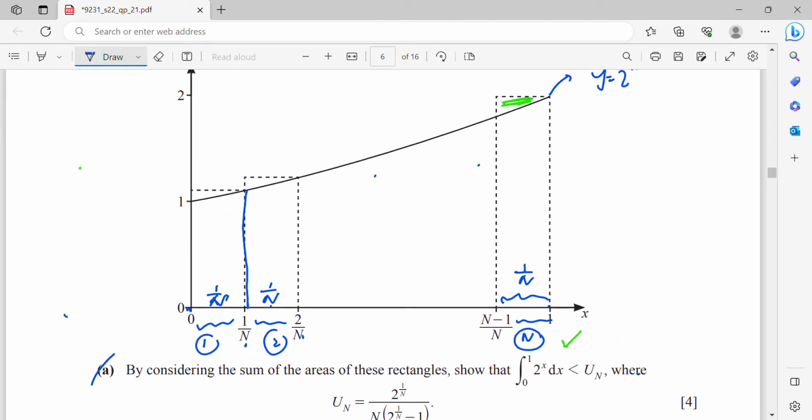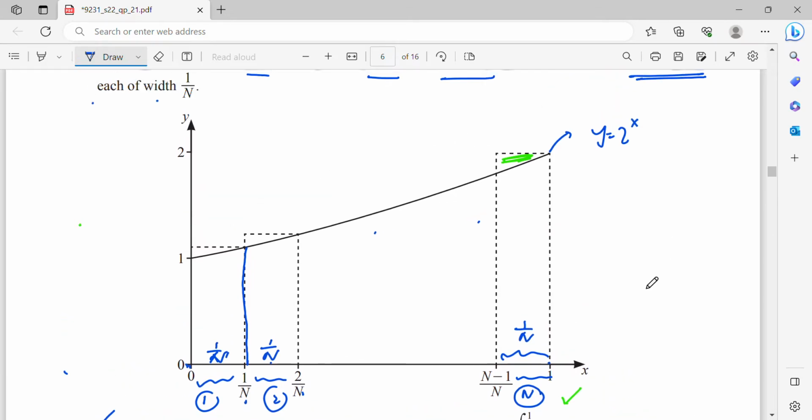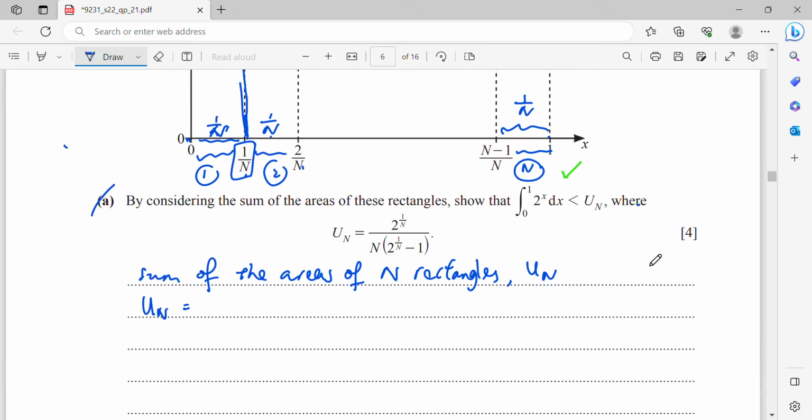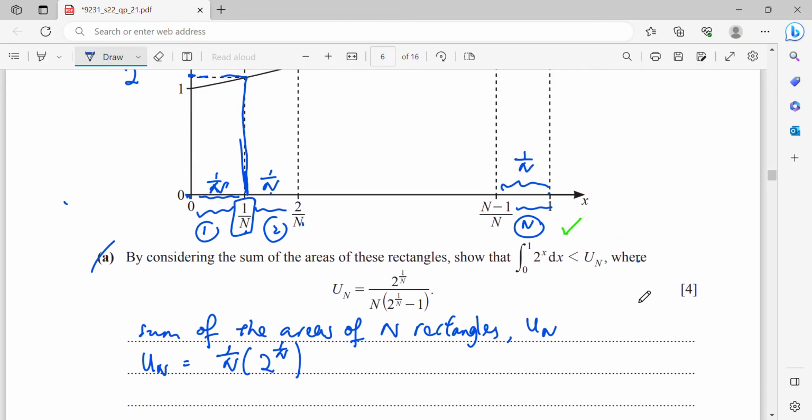This is the height for the first rectangle. By looking at the equation of the curve y equals 2 power x, this x value is 1 over n, so the y value is 2 power 1 over n. The area of the first rectangle is width 1 over n times height 2 power 1 over n.